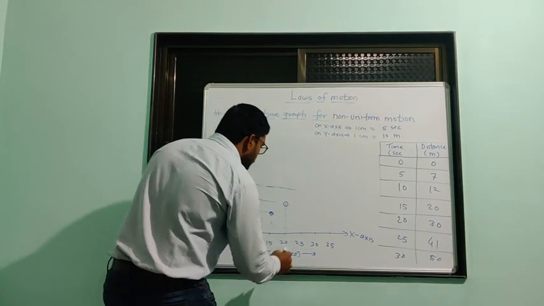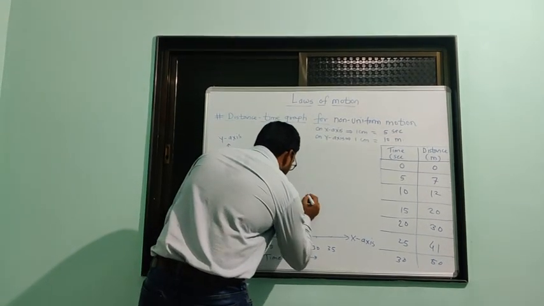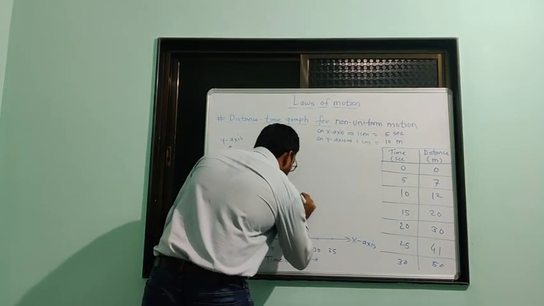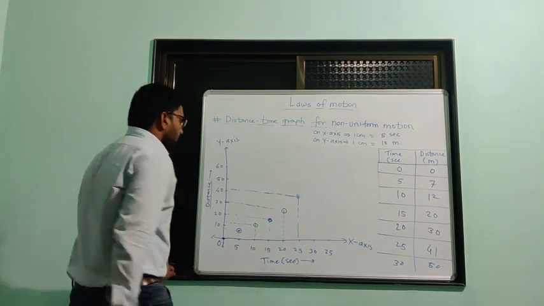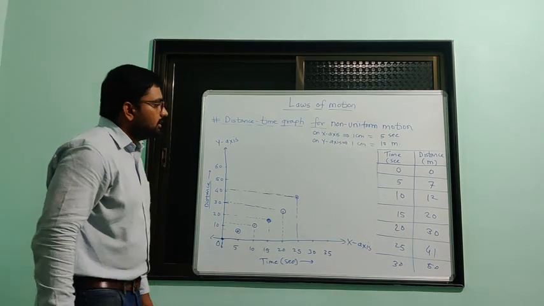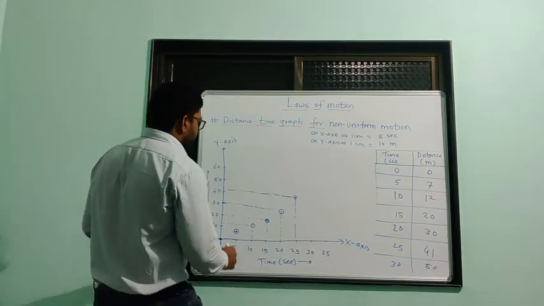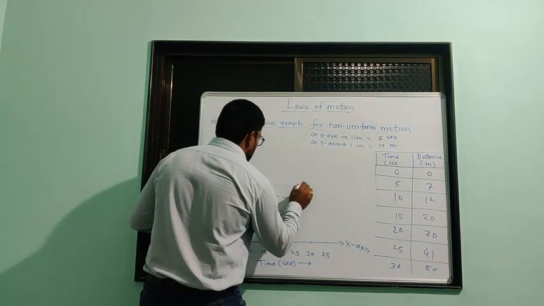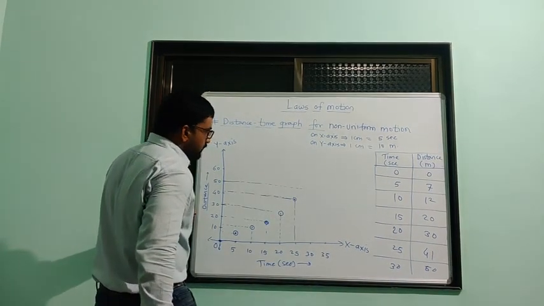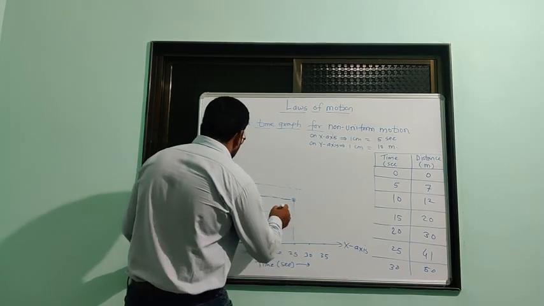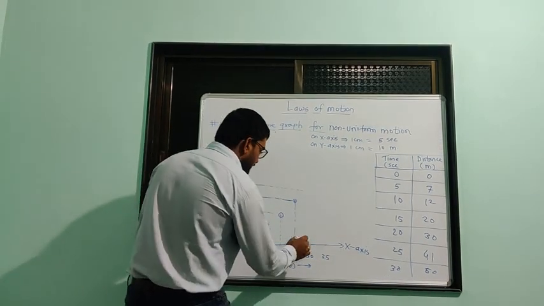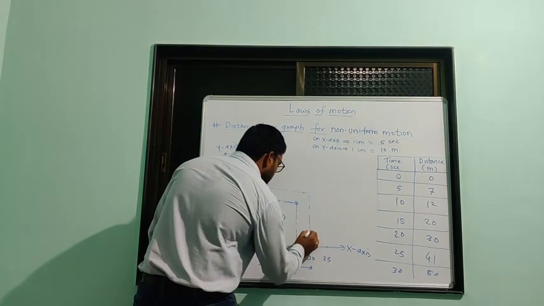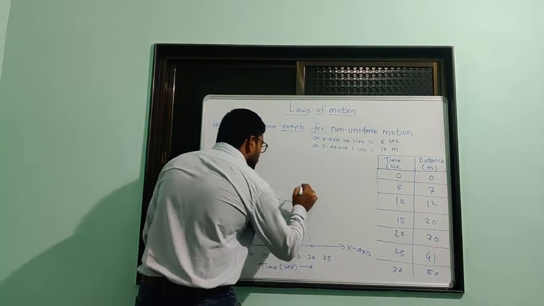For this 25, we have 41 here. Then for 30, we have 50. This is 30, and this is our 50, so that point should be here.